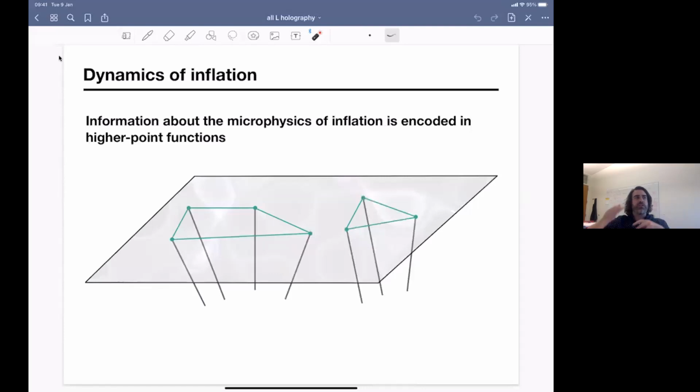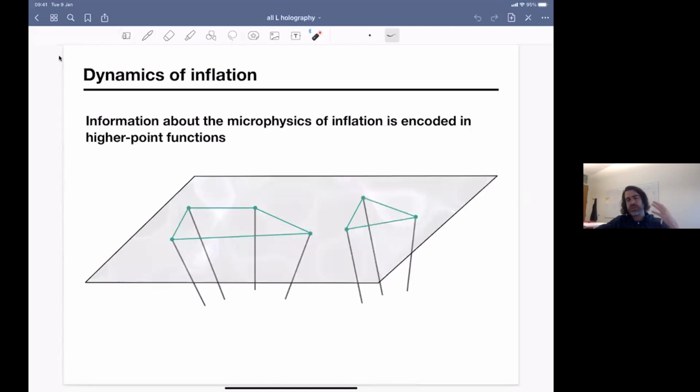And this thing is just controlled by symmetries. And so the 2-point function is only telling you about kinematics. If you want to know about the underlying microphysics, you need to probe the interactions of the inflaton, or you need to probe higher point correlations between fields evolving in the inflationary spacetime.